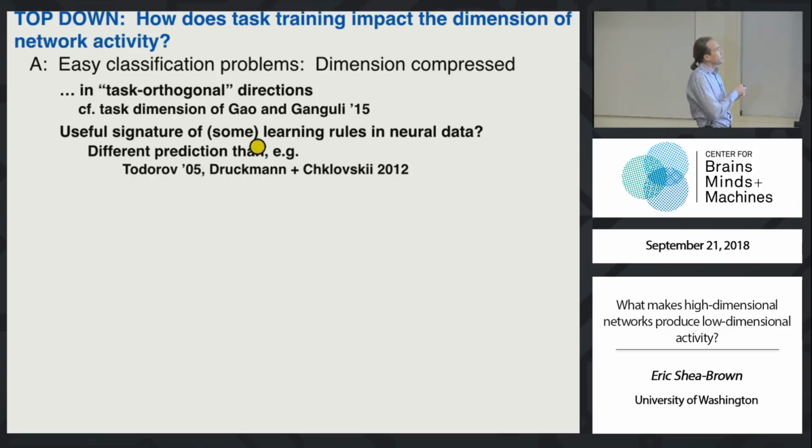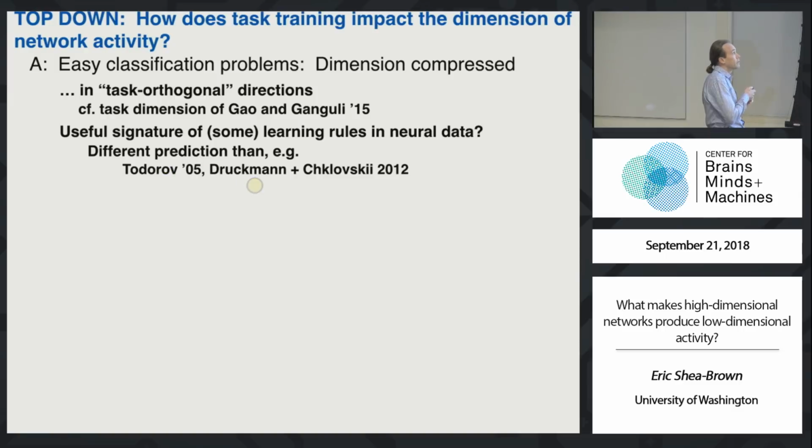Claim: this is a useful signature of some learning rules in neural data. So I talked about stochastic gradient descent. You see the same thing, and that was actually the network that Marav trained in the change detection task, via FORCE learning. That's sort of like a rank 1 version with large updates in weights. Anyway, lots of learning rules give rise to this dimension reduction, but not all.